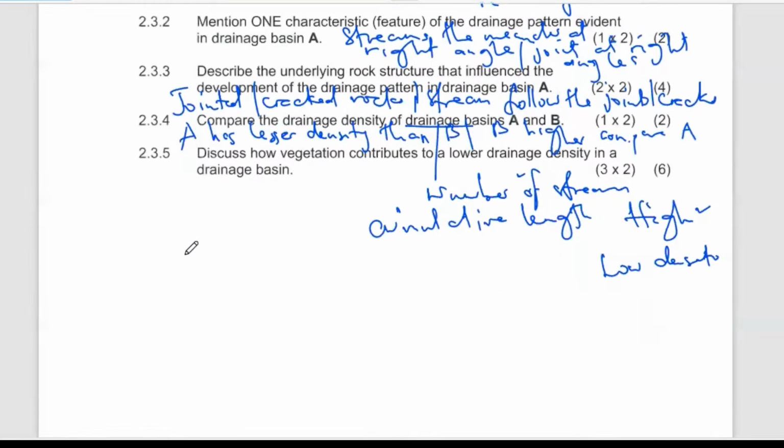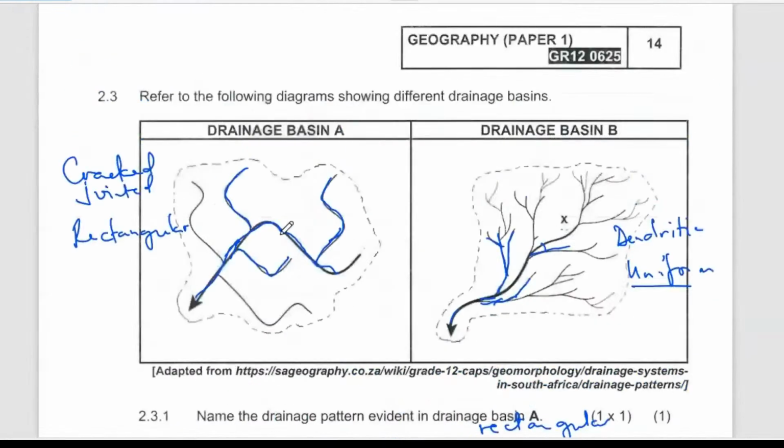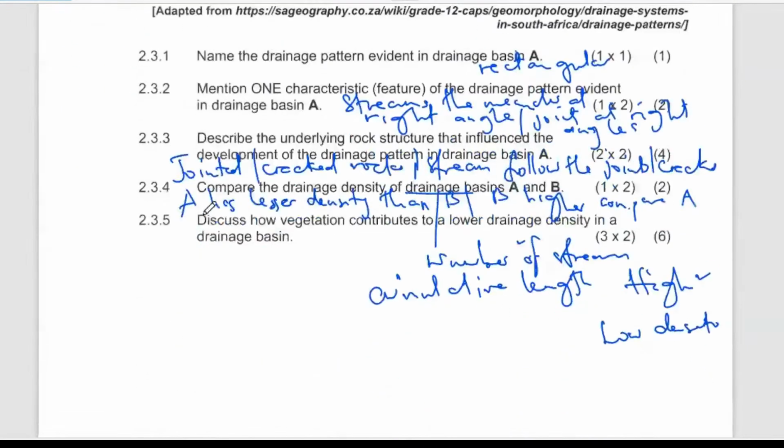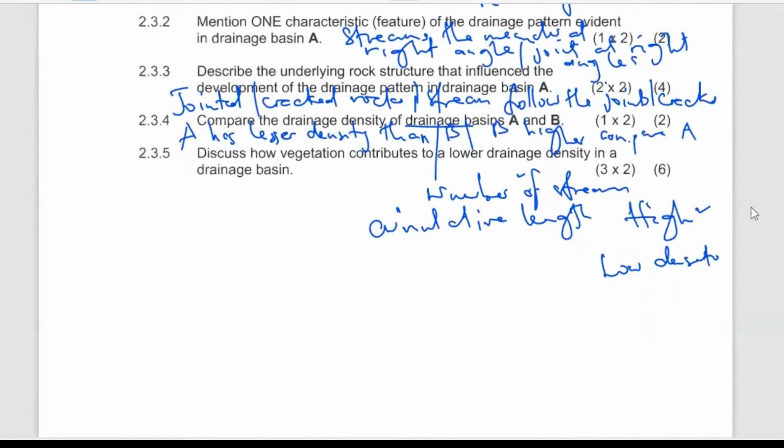A is a less dense basin compared to this, or this one has got a higher density compared to drainage basin A. Right, moving on to the next question.